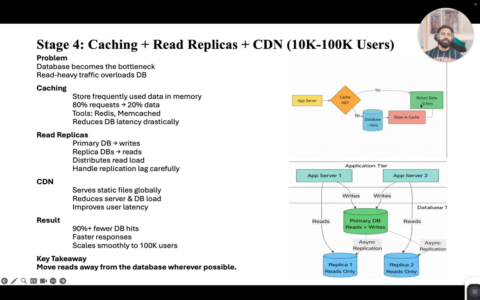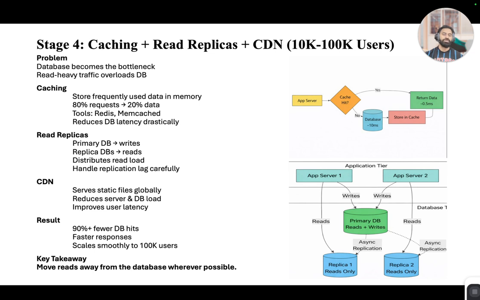If it is not found in the cache, then it does a query to the database, and then it stores that result in the cache also and returns the data. This is how it works, and this is how future requests will become super fast, because first it will check the cache.